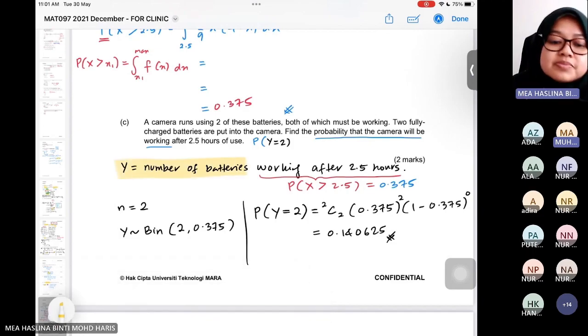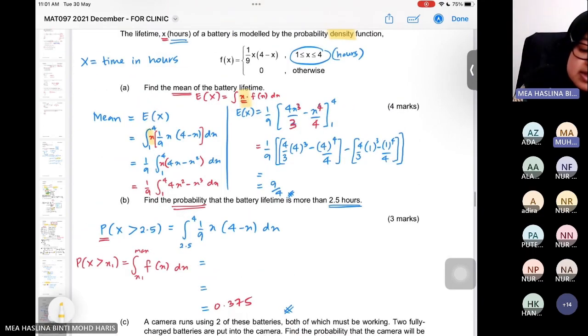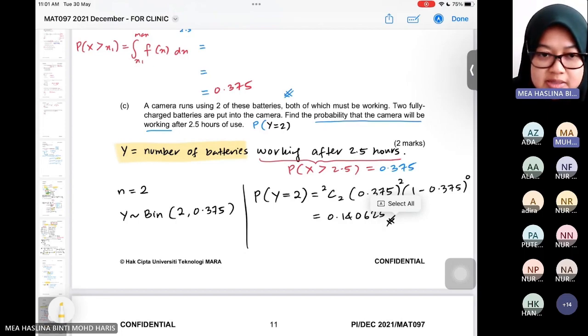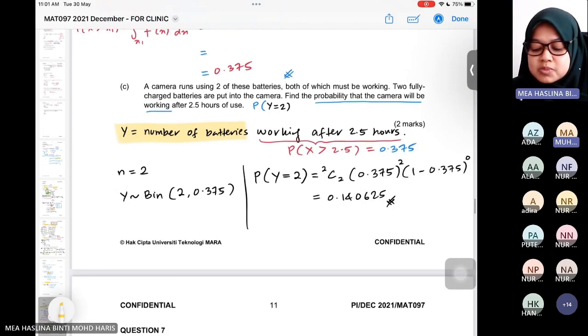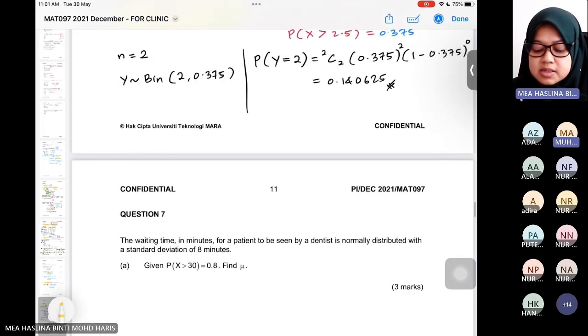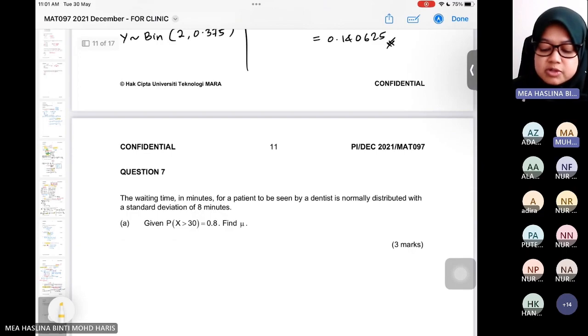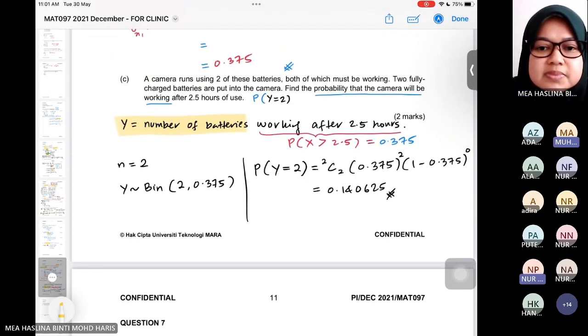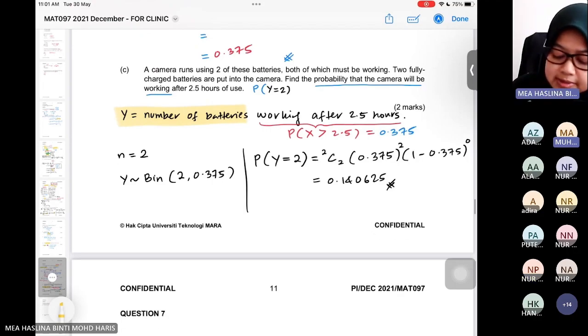The one just now was the time. Now we are considering whether both are working, so both refers to number of batteries. How many batteries are working? Exactly 2 working. So from the 2, both are working, like 2 number of trials, whether both are successful. So is it clear now? Yes. Okay, good. Alhamdulillah.